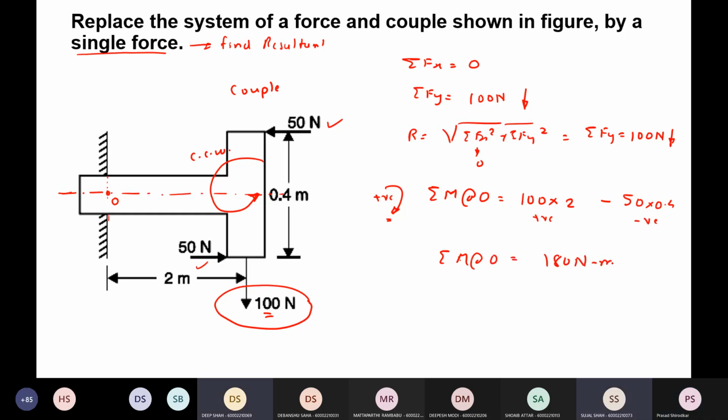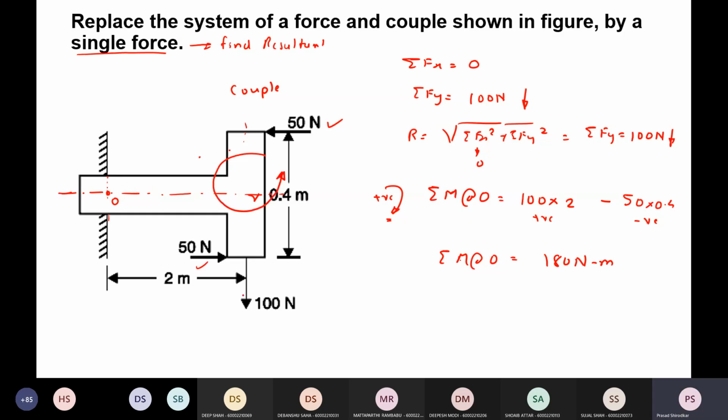But how can we say that it will be counterclockwise? See, if you take these two forces, if you see this vertical arm, it will try to turn it in this direction, right?